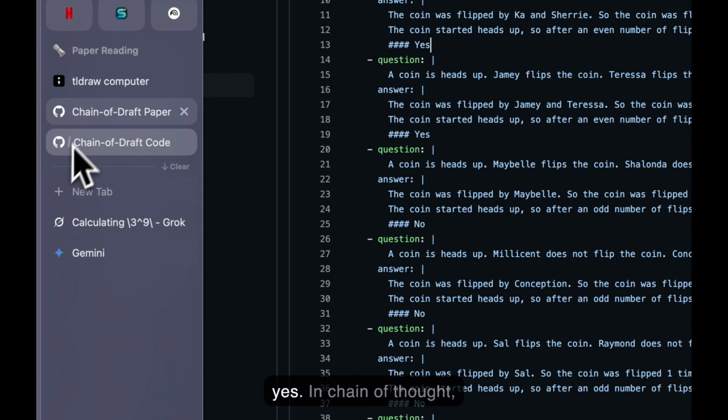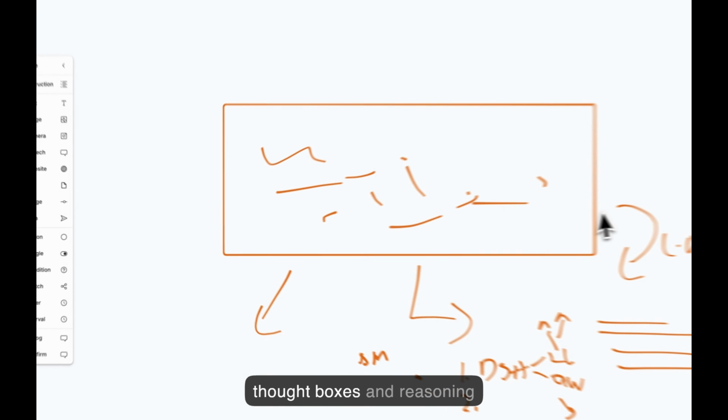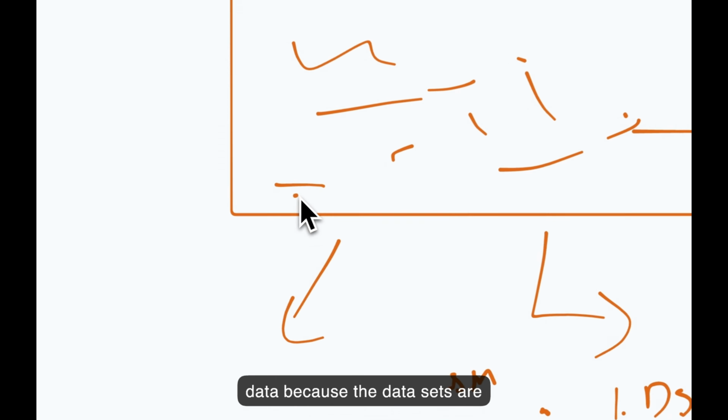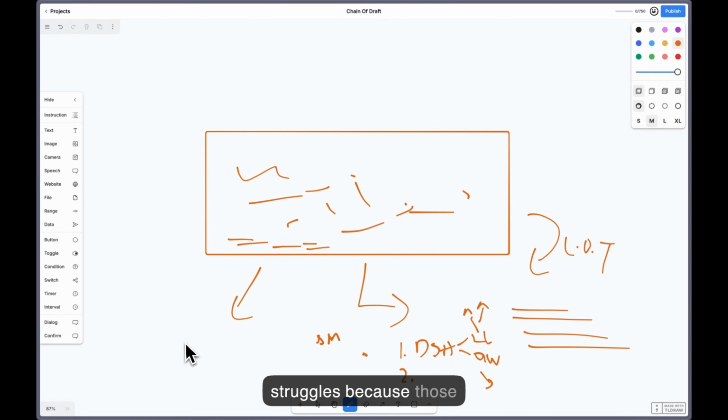In chain of thought, obviously it will create that whole thought boxes and reasoning tokens, and then it will come to the final conclusion. The problem is they have to give these few short examples for it to understand, because the datasets are not made with these drafts. So the architecture struggles because those examples are not there.